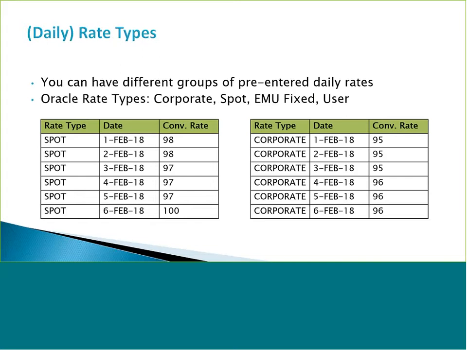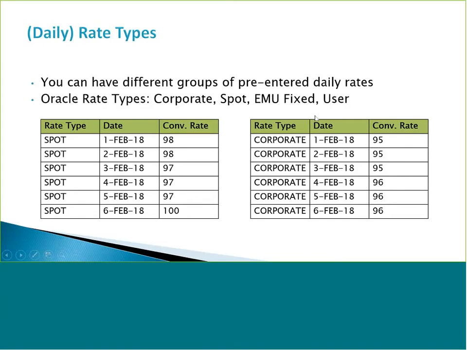So the hierarchy is that you have daily rates, and then under daily rates you have different rate types. Against those rate types, you can then enter exchange rates. In Oracle, you have certain preseeded rate types, and these are corporate, spot, EMU fixed, and user.